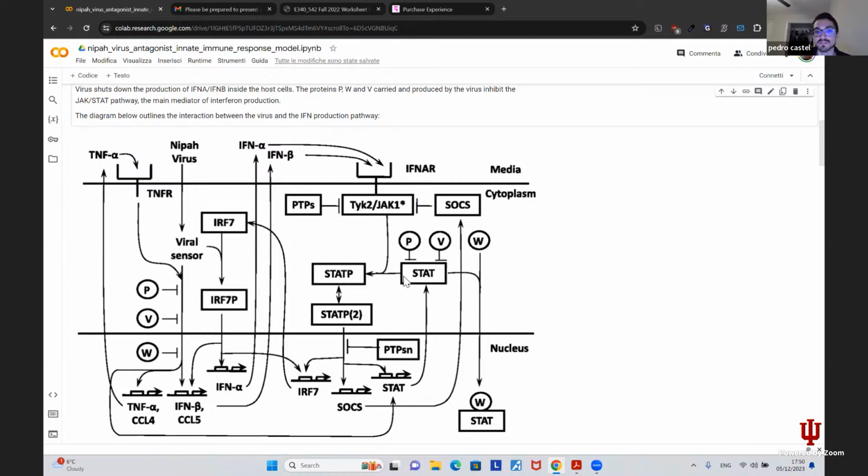It senses the interferon and induces the production of more interferons, and so on and so forth. It's more complex than that. In later stages you also produce SOCS, which inhibits the activation of the STAT cycle and shuts down inflammation in the long term. There are all sorts of interactions here. It's a very complex model.